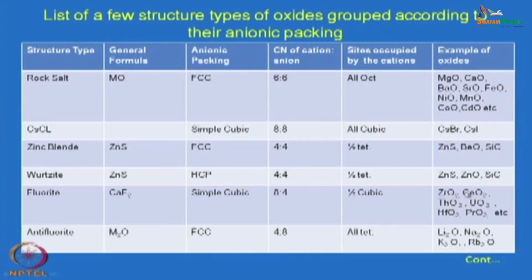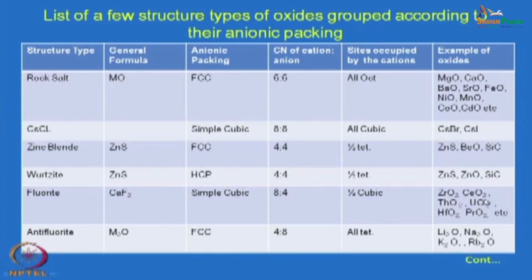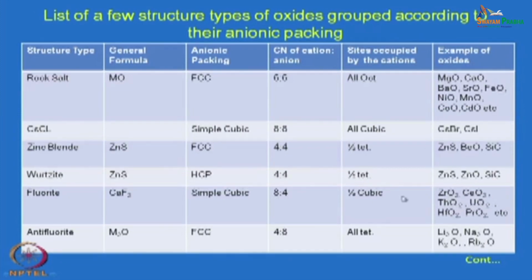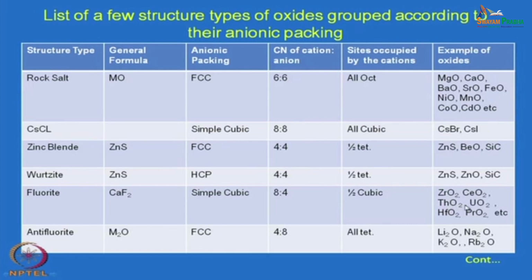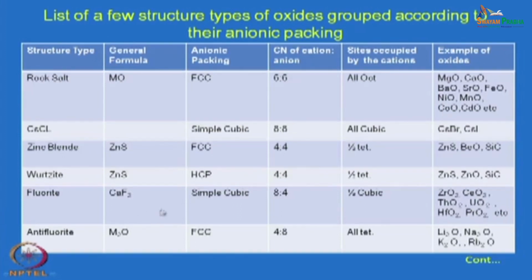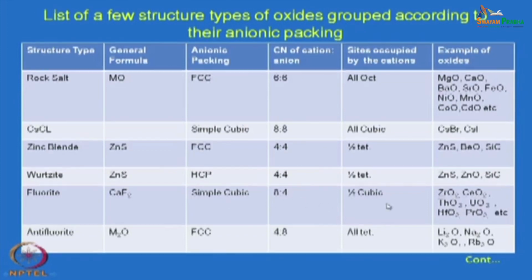And therefore, you have a large number of oxides, all of them of MO2 type: ZrO2, CeO2, thorium dioxide, uranium dioxide, hafnium dioxide, praseodymium oxide, and then a host of rare earth oxides. Many of the rare earth oxides do have this fluorite structure and they have certain important properties which will be discussed later.